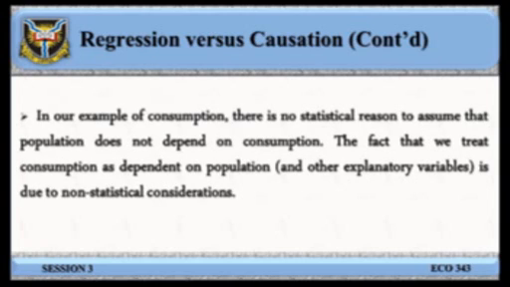In our example of consumption, there is no statistical reason to assume that population does not depend on consumption. The fact that we treat consumption as dependent on population and other explanatory variables is due to non-statistical considerations.